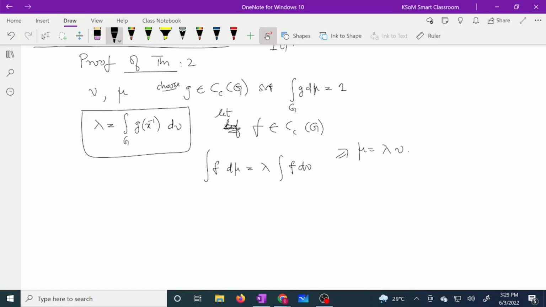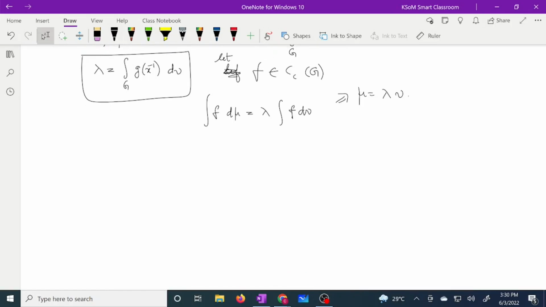Every functional can be written as an inner product, if you have finite dimensional real vector spaces. So it's the same philosophy here. Okay, so this is what we shall try to prove.